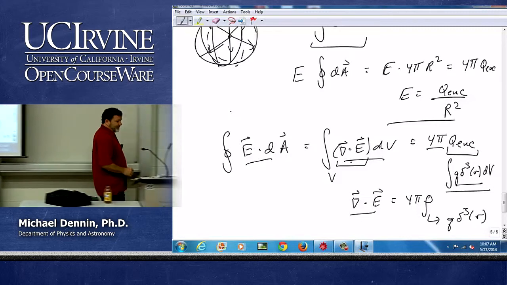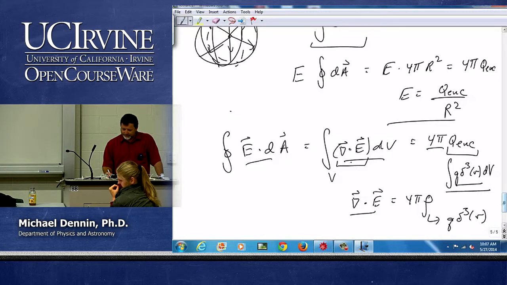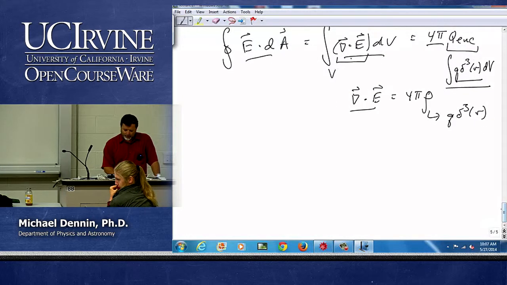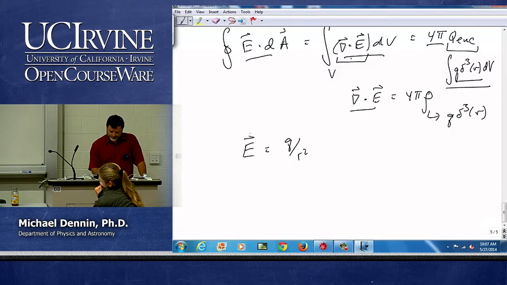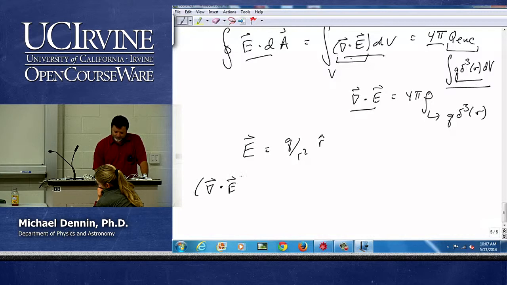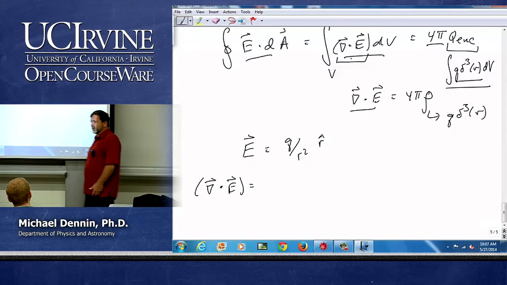The other reason is, if we look at this point charge case, if I have the electric field and I want to take the divergence of it, it's non-trivial going in this direction to see that I get a delta function.